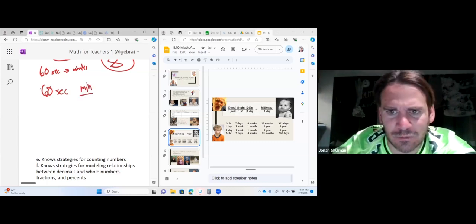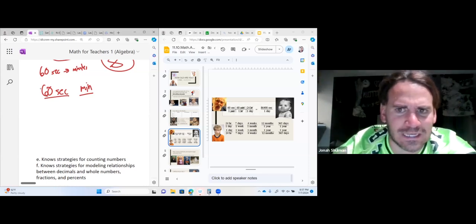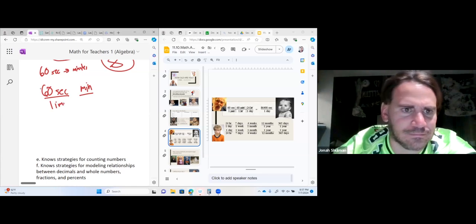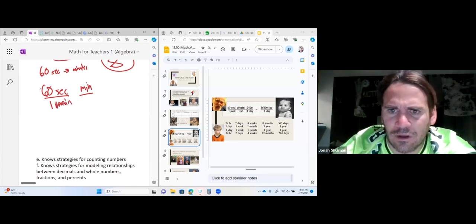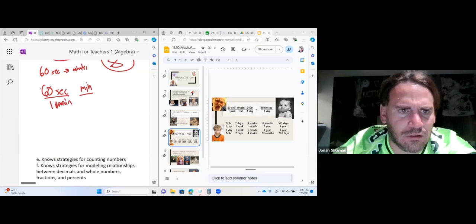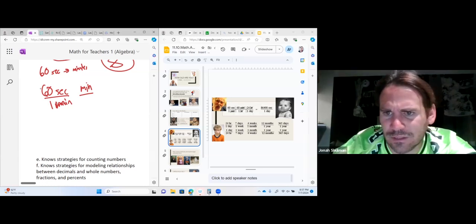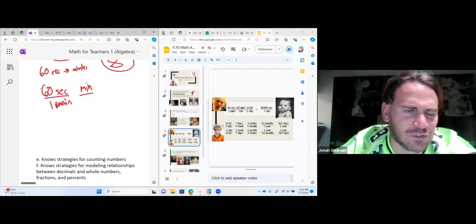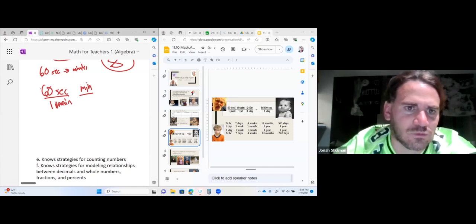We want this in minutes, but what you have has to be on the bottom. So 60 seconds, we know 1 minute will equal that. So 60 seconds to 1 minute. So basically what we want is on top, what we have is on the bottom. So 60 seconds is 1 minute.